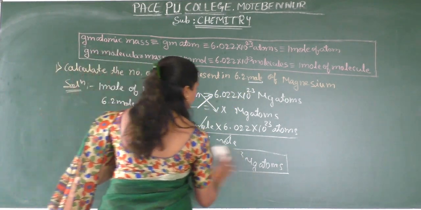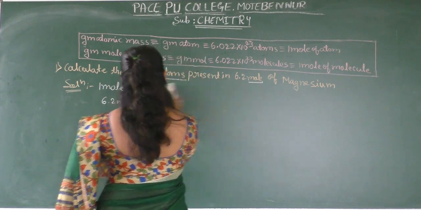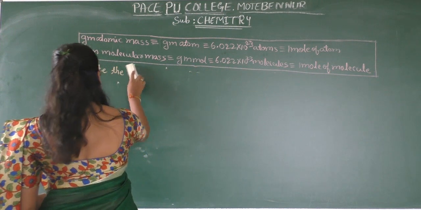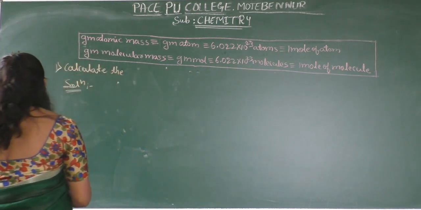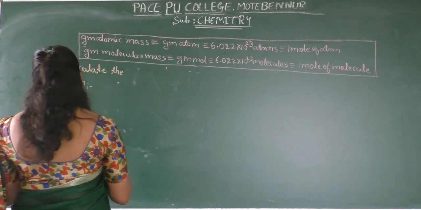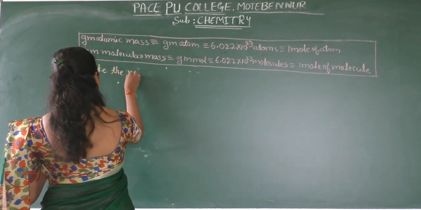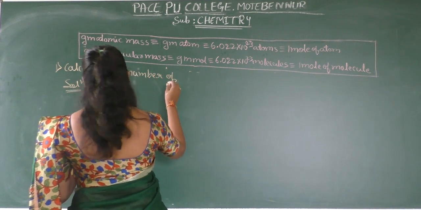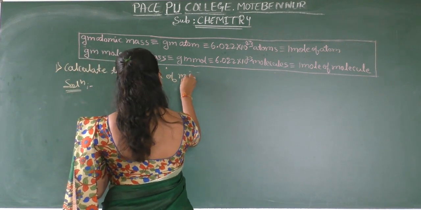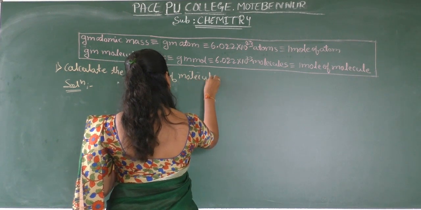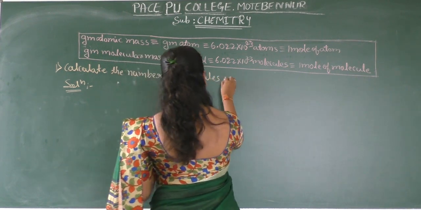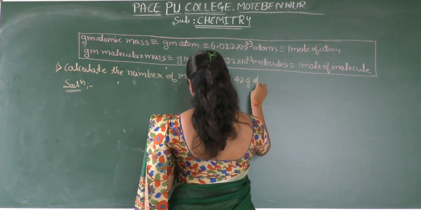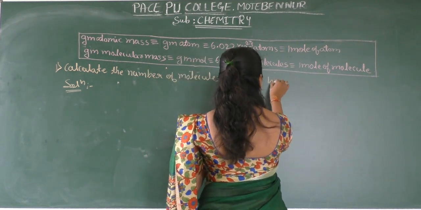Okay, so next one: calculate the number of molecules in 42 grams of water.